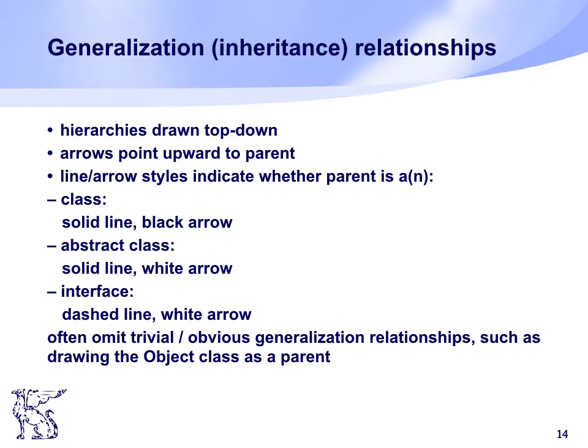So that's how you will draw it, and you can use line or arrow style to indicate the parent. Now here, if your parent is a class, then you will use a solid line with black arrow. But if your parent is an abstract class, then you will use a solid line with white arrow. And if your parent is an interface, then you will use a dashed line with white arrow.